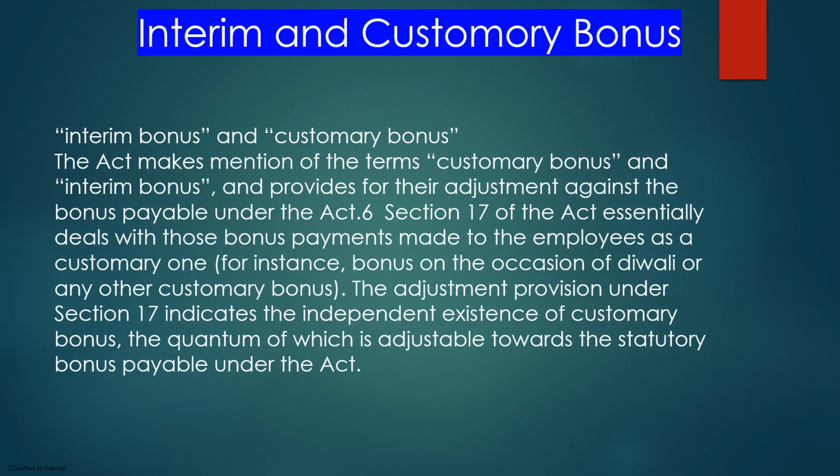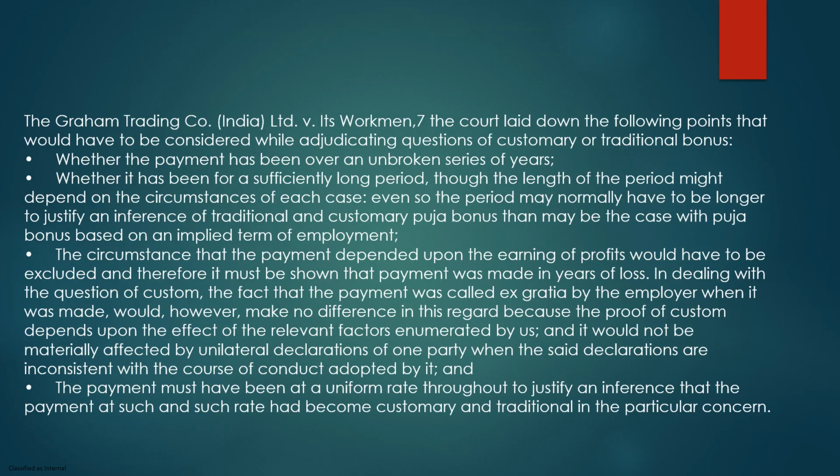Interim bonus and the customary bonus paid during festivals can be adjusted, and Section 17 of the Act essentially deals with those bonus payments made to the employees as customary. So it will be adjusted in the bonus.